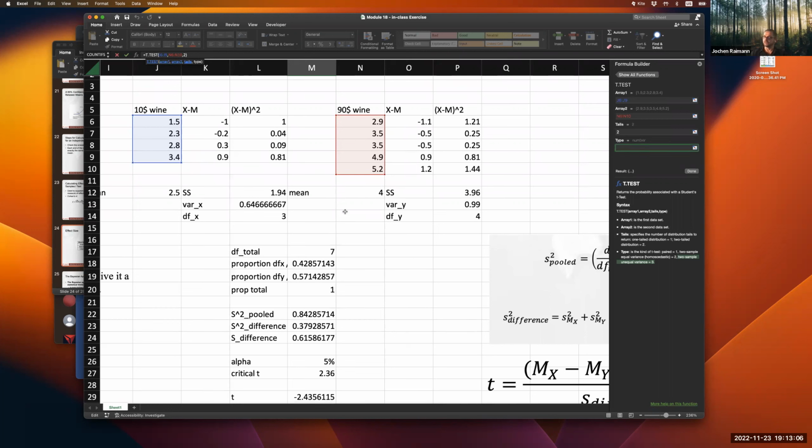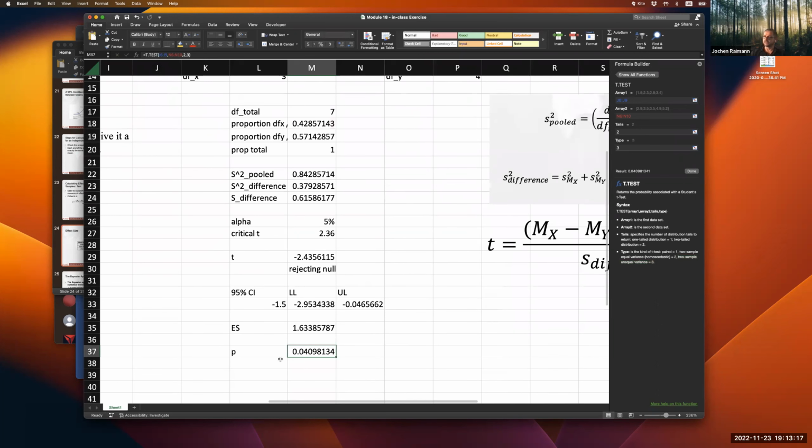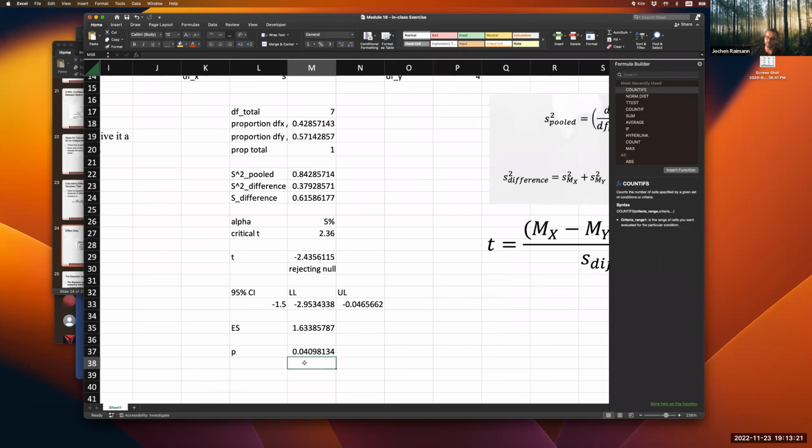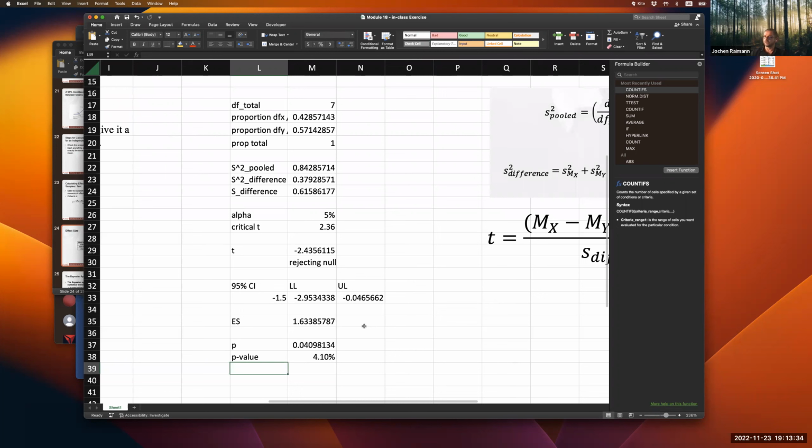So we enter 3, then we click on done, and we get as an estimate here a p-value of 4.1%, which is smaller than our 5% alpha, which confirms our hypothesis that this is a significant difference.